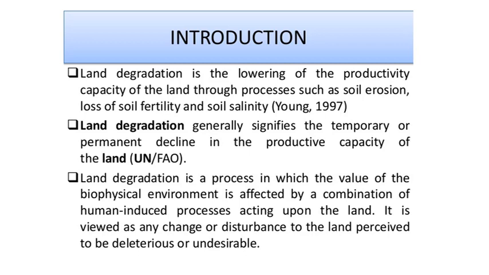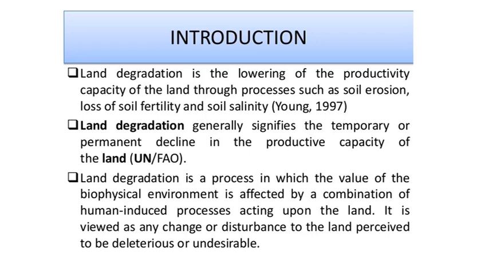Now, coming to the land degradation definition, I am saying that land degradation is the process in which the value of the biophysical environment is affected by what? By a combination of human induced processes which are acting upon the land.